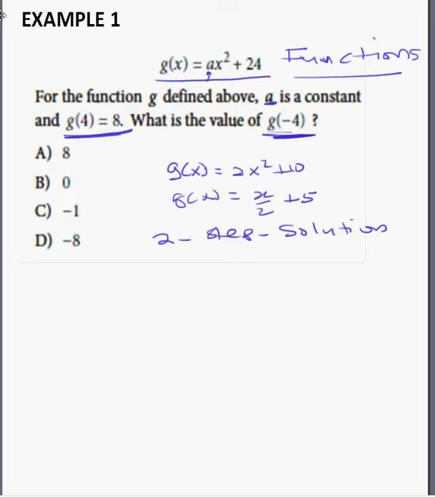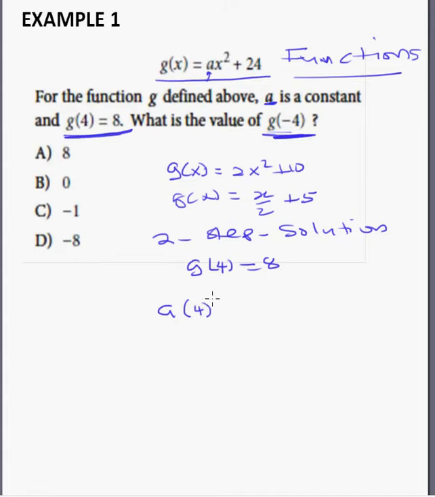So let's do that. They said g of 4 is equal to 8. That means when I plug in x equal to 4 in the function g, I'll get 8, and therefore a times 4 squared, plus 24, should be equal to 8.